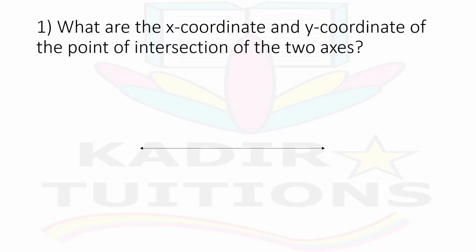So first we'll have one horizontal line, which is the x axis. And next we'll have one vertical line, which is the y axis. The two axes intersect and we get one point of intersection over here. What is the name of this point of intersection?